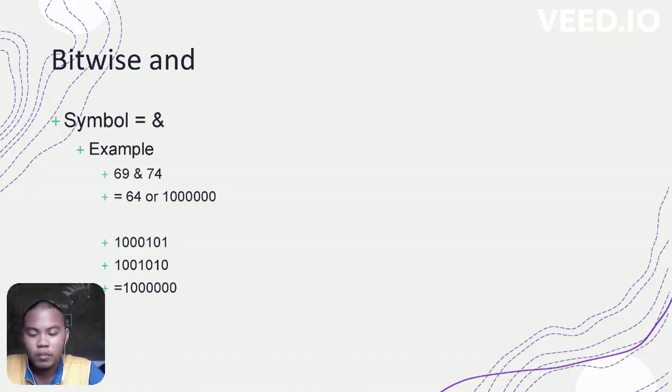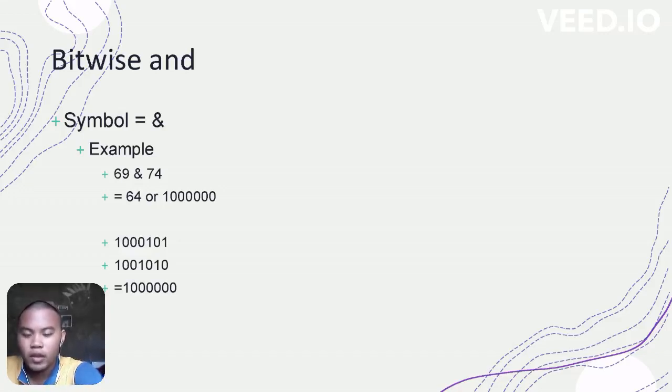Okay, let's start with the first number, 1 and 1. Since it exists in both binaries of 69 and 74, then it's 1. Then 0 and 0, copy that. But in the fourth line it is 0 and 1. Since 1 exists in 74, but not in 69, it doesn't copy it, because in bitwise AND the bit needs to exist in both operands.